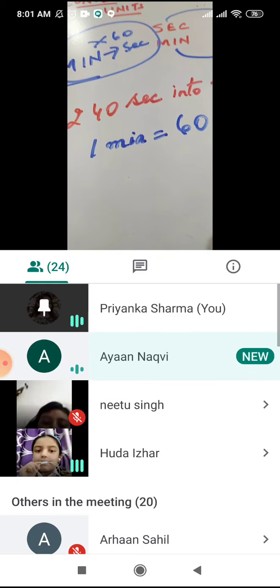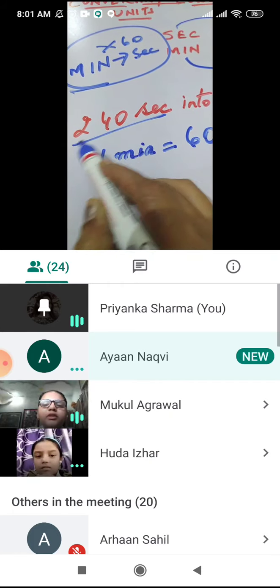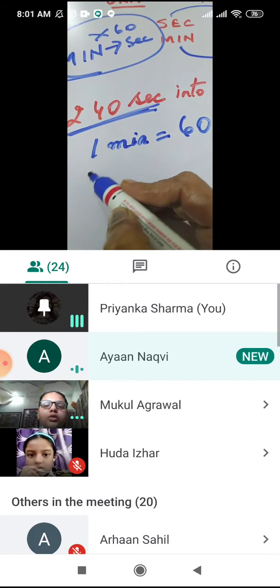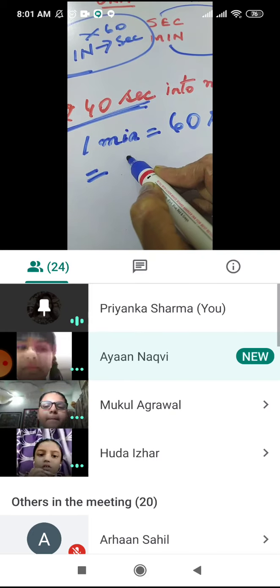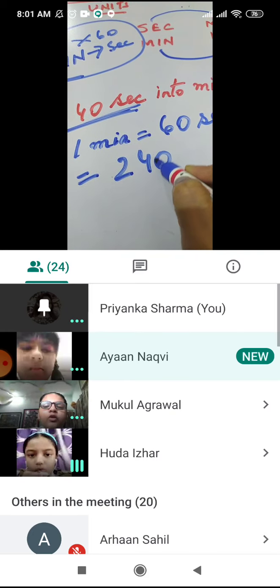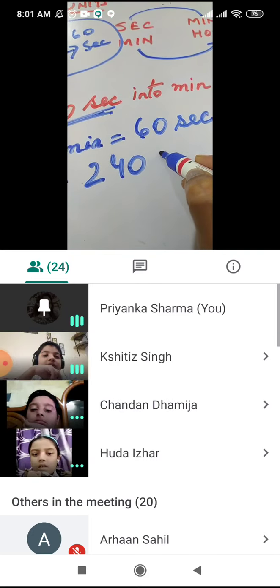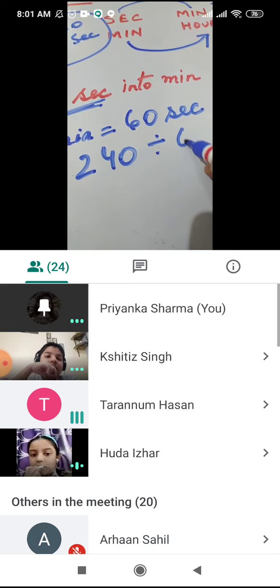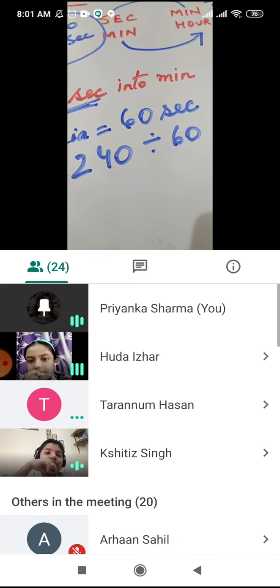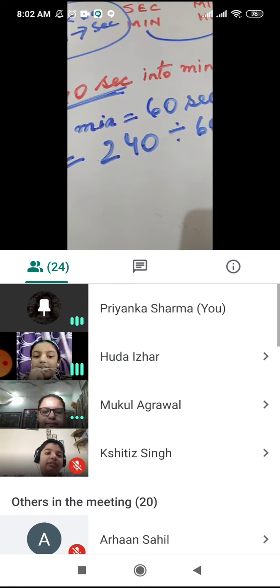We already know that. And here we know 240 seconds are there. So we have to divide by 60, not multiply, divide by 60.